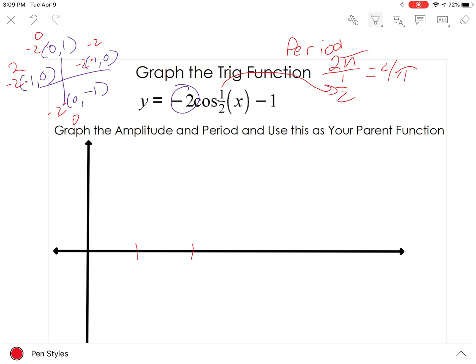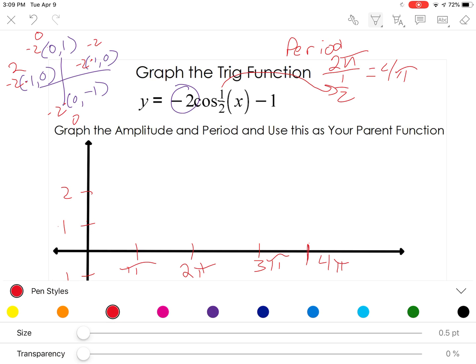So 1, 2, 3, 4. So 4 pi. Half of that is 2 pi. Half of that is pi. The middle of that would be 6 pi divided by 2, so 3 pi. Now my amplitude, I'm going to go up to 1, 2, -1, -2. And I'm going to work my way around that circle.